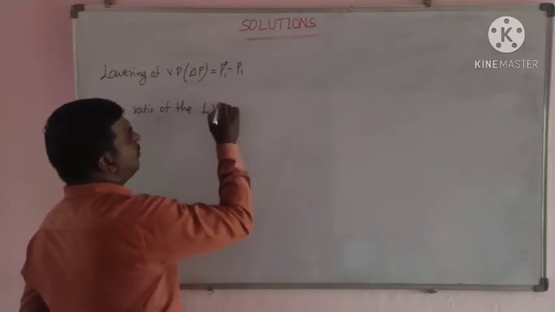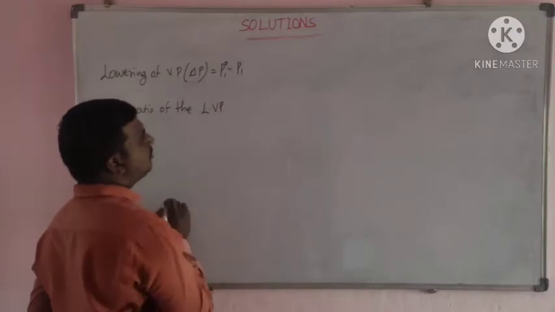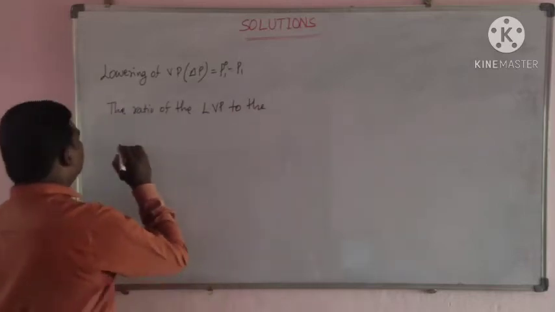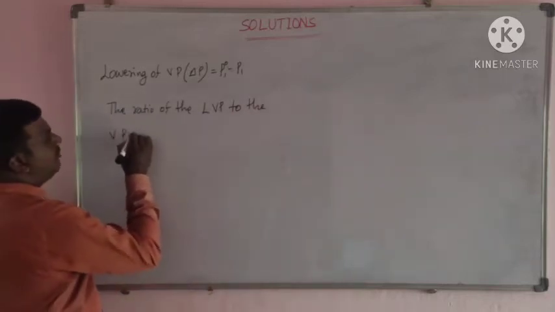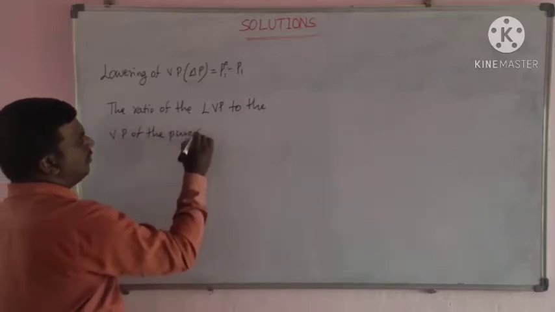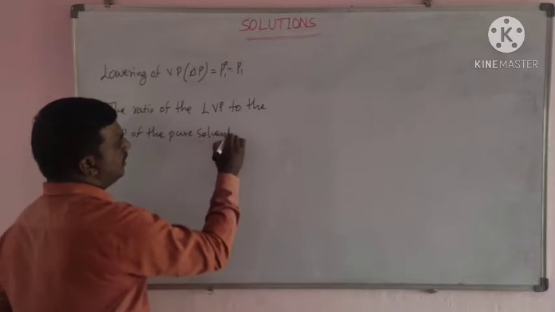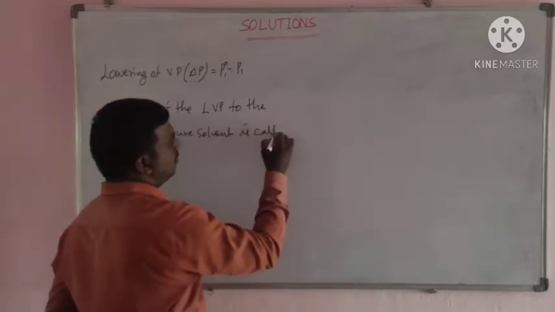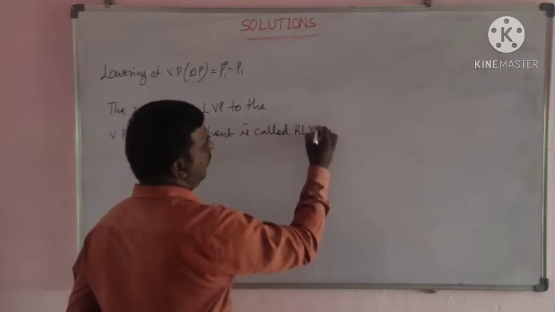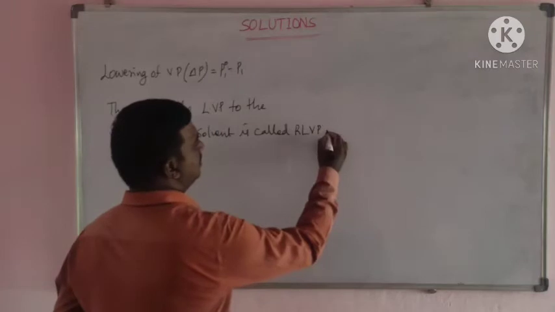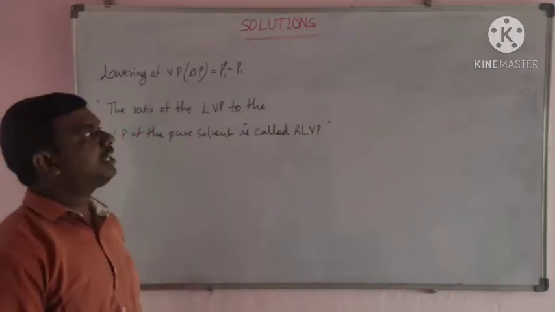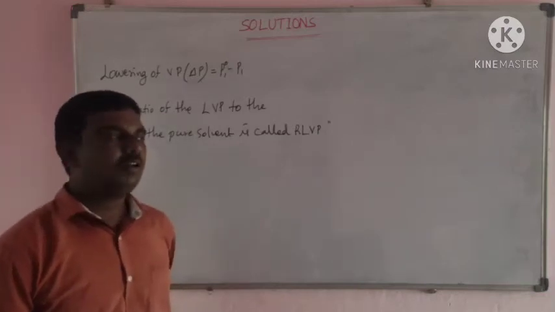The ratio of the lowering of vapor pressure to the vapor pressure of the pure solvent is called relative lowering of vapor pressure. This is the definition of relative lowering of vapor pressure.